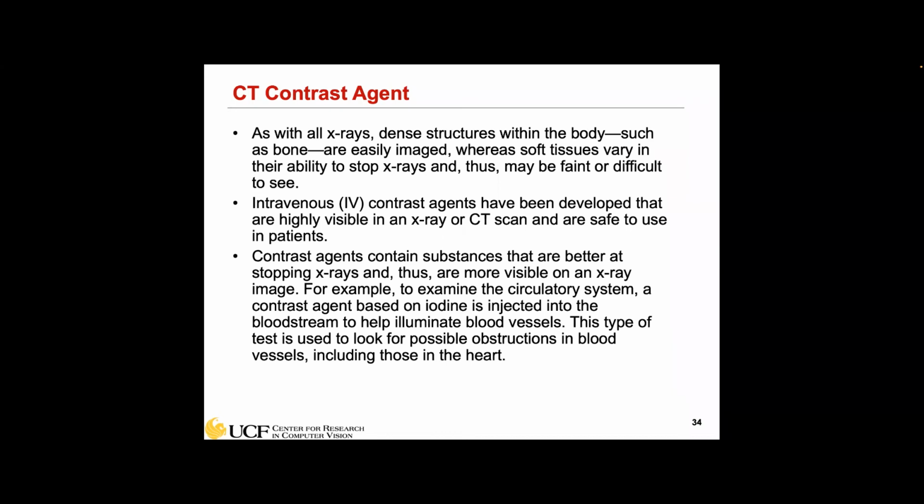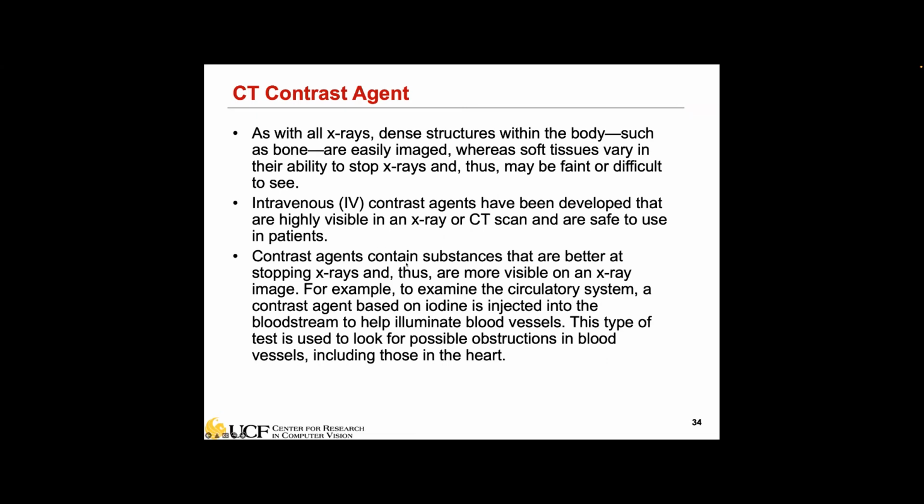For the X-ray, dense structures like bones are easily imaged because they absorb the X-rays and show as bright regions. But soft tissues vary in their ability to stop X-rays and may be difficult to see on the scans. So IV contrast agents have been developed that are highly visible in X-ray or CT scans and are safe to use in patients.